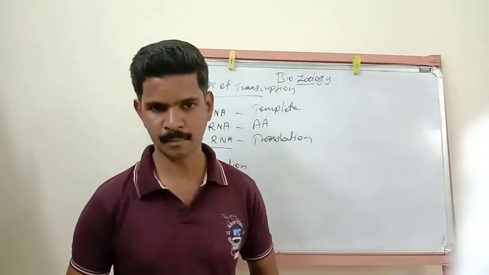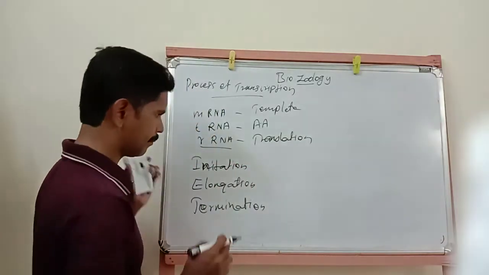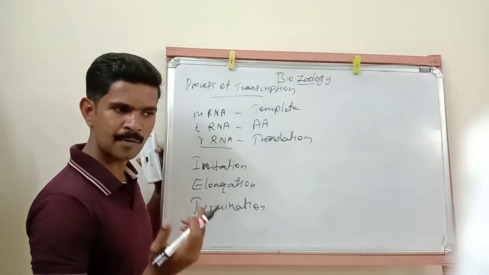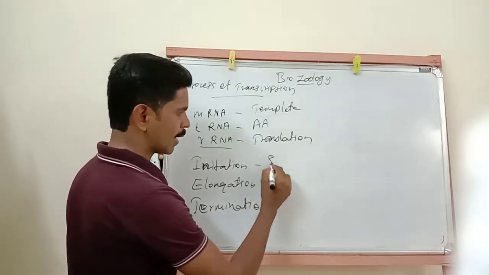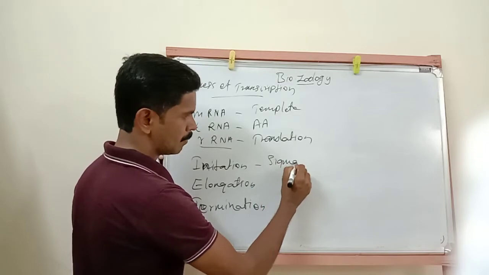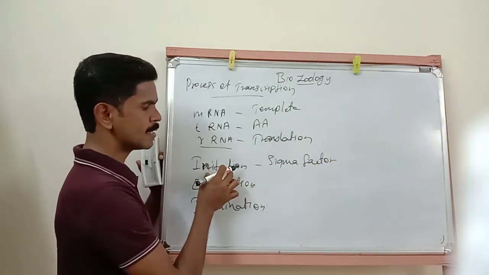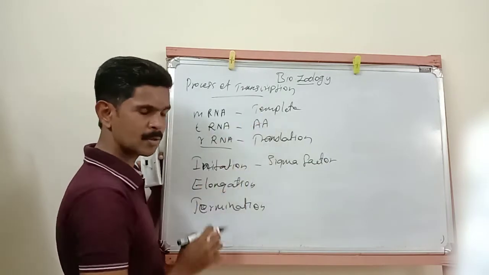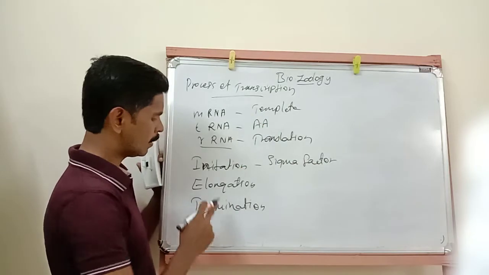Understand? Then listen very carefully. The initiation process of transcription is controlled by a factor called sigma factor. Then elongation.